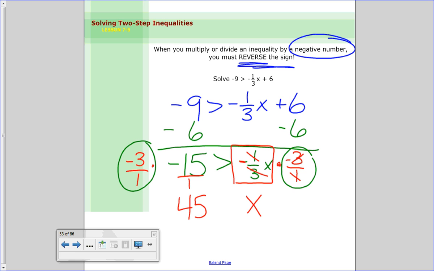All right? So in this case, instead of 45 being greater than it, it is now less than x. So we have 45 is less than x, or if I rewrite it, x, open mouth is facing it, is greater than 45. There we go.